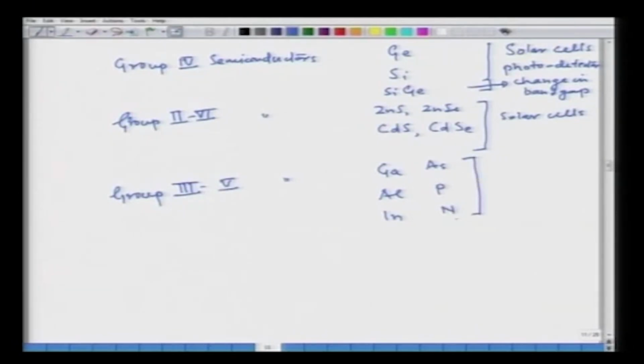Combination of these materials and the entire composition range. These are good materials for light emission, and light emitting diodes and lasers.